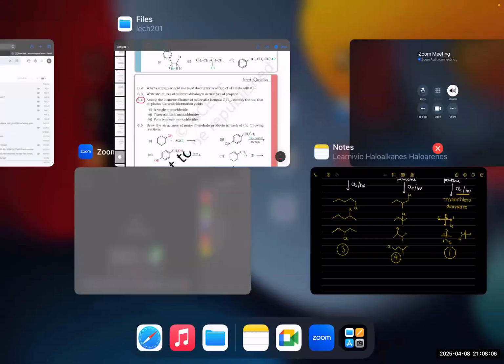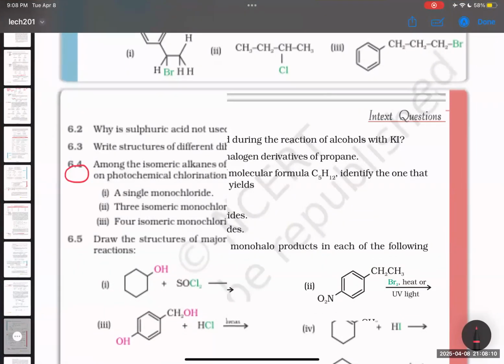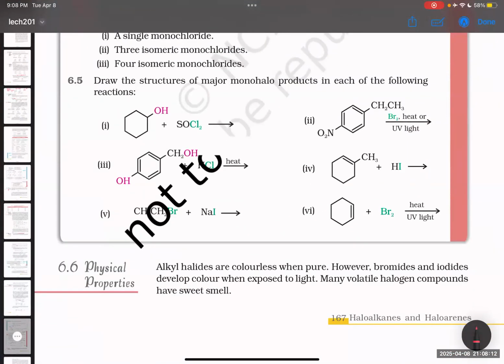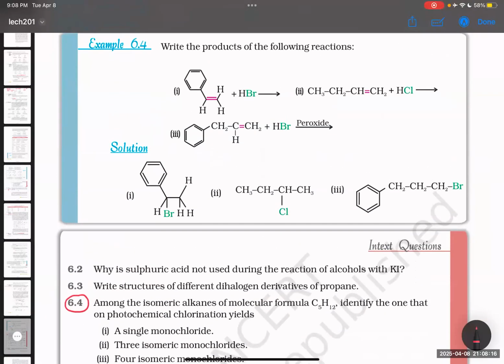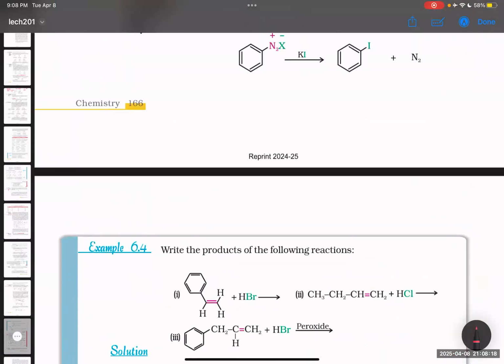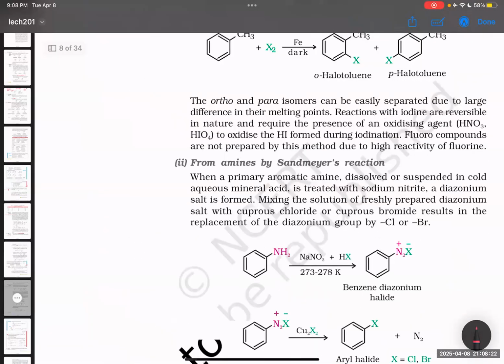So this is the question which we discussed just now. And you can try these problems one by one also. And we did the preparation from alkane, that is by photohalogenation.